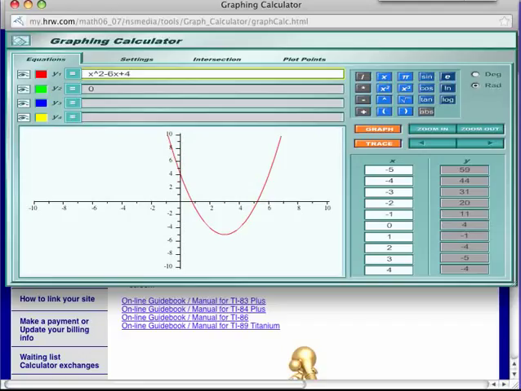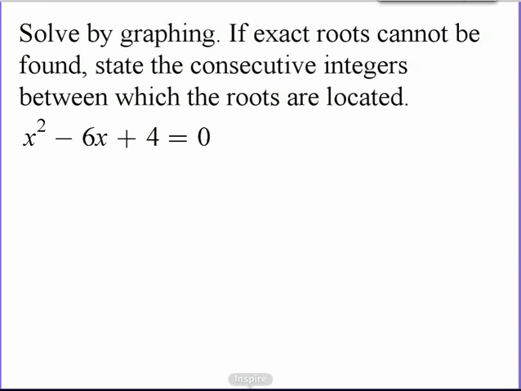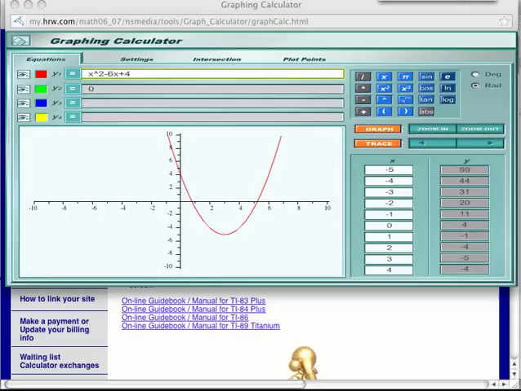This first 0 occurs between this point and this point, which is between 0 and 1. So that would be your first answer, 0 and 1. Your next point is between this point and this point, which is between 5 and 6.